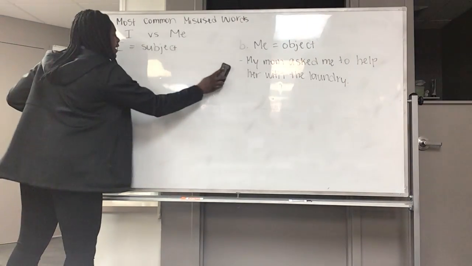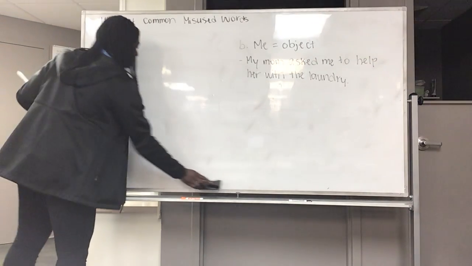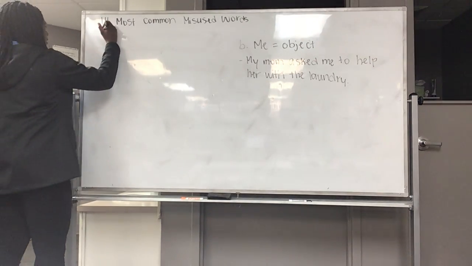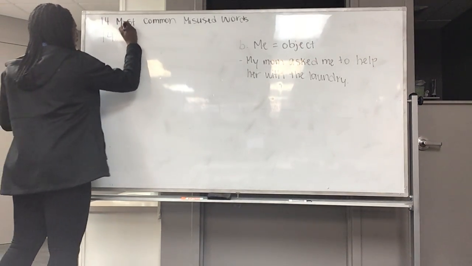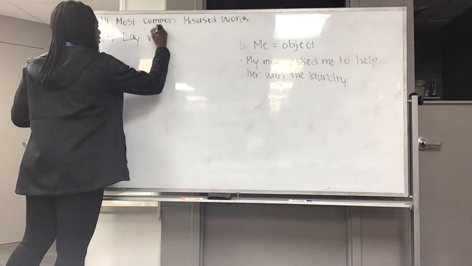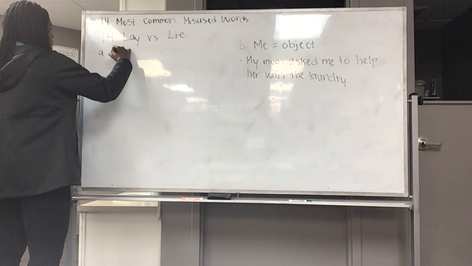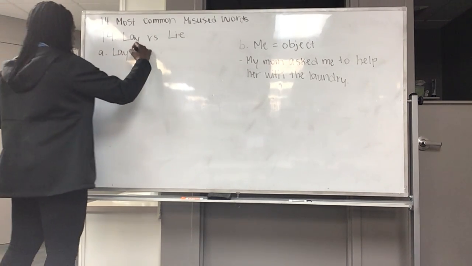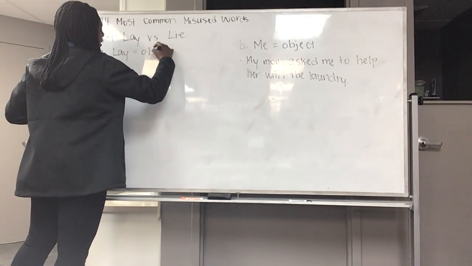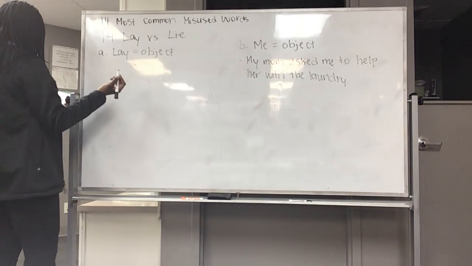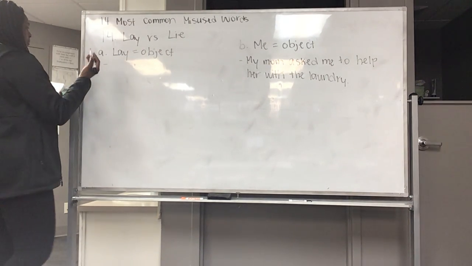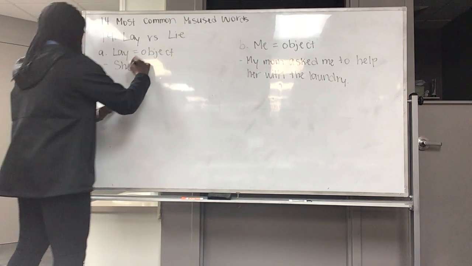Last pair is lay versus lie. So lay is going to be used when we're talking about an object. Let me show you an example first.